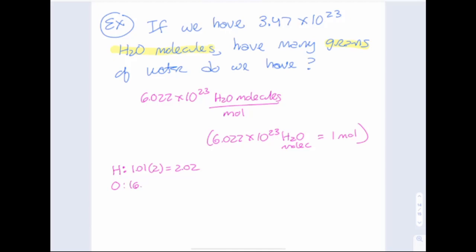Oxygen is 16.00, there's 1 of them. So then we add that together, 18.02 grams per mole. So we could say that there's 18.02 grams of water for every 1 mole of water.